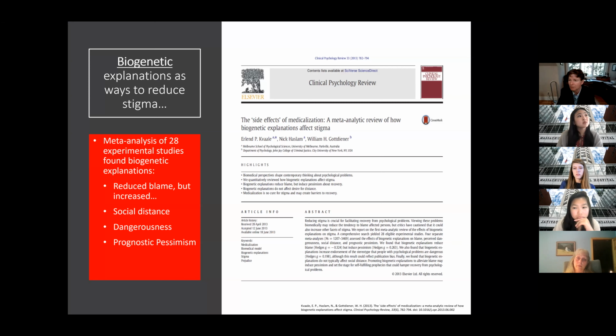In the mental health field outside of substance use disorders, they have found that emphasizing the biogenetic causes of mental illness actually has a positive effect on reducing blame towards people who suffer from mental illness, but has the opposite, unintended effect of increasing stigma in terms of perceived dangerousness, social distance, and the belief that people with a biogenetic disease or disorder cannot get well. So, unintentionally, increasing stigma as opposed to decreasing it, while decreasing blame, which is kind of the intention.